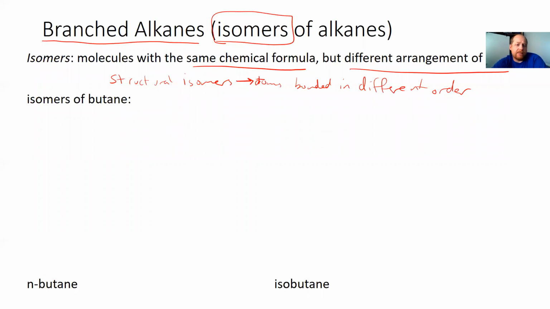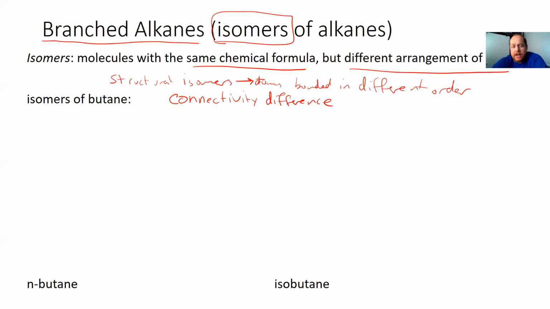A different arrangement of atoms means there's a connectivity difference, okay? So atoms are bonded to different atoms than they are in the other versions. And we're going to start out with butane as our example. But again, it's a connectivity difference. And we'll actually see some different versions of isomers out there as well. In fact, there are different categories of structural isomers.